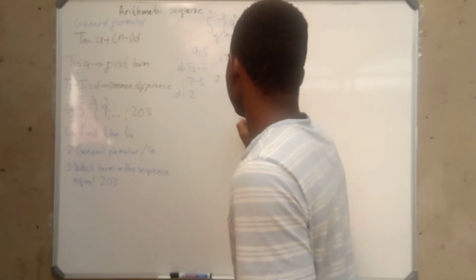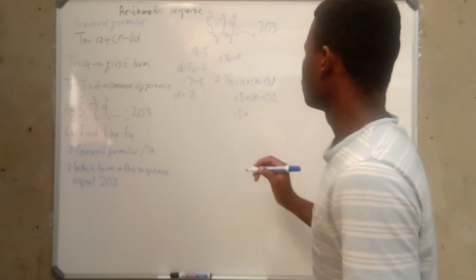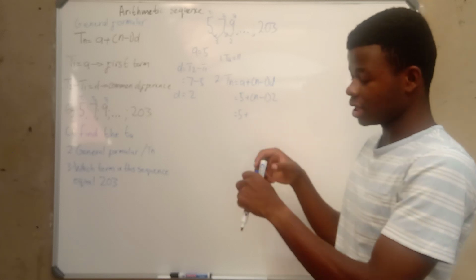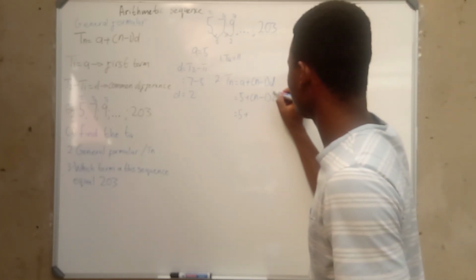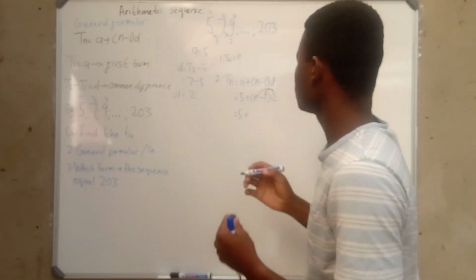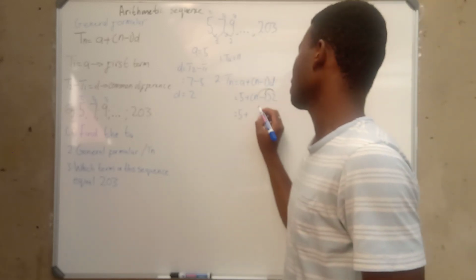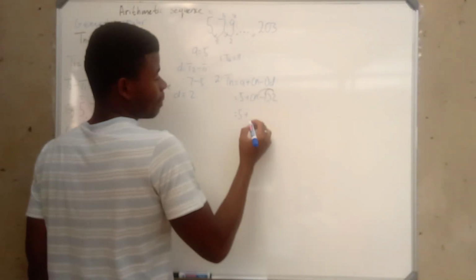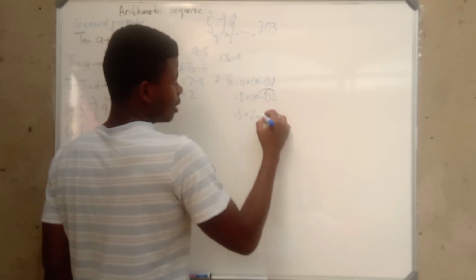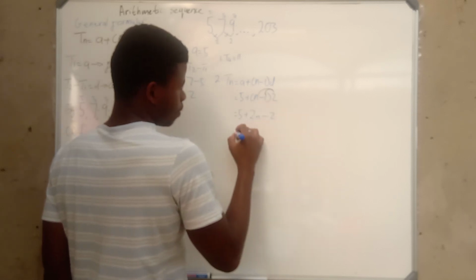So 5 plus, look at this now. We are going to use the FOIL method. So we get 2 multiplied by n, which is 2n, minus 2.